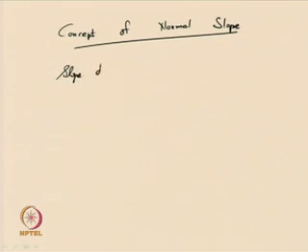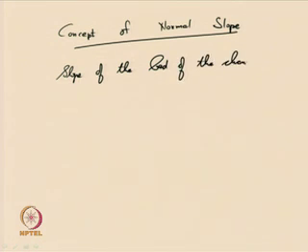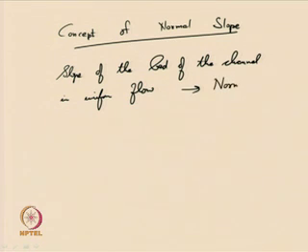Similarly, for the uniform flow in the channel, the slope of the bed of the channel is given as normal slope. So, the slope of the bed of the channel in uniform flow is called normal slope. It is defined like that.